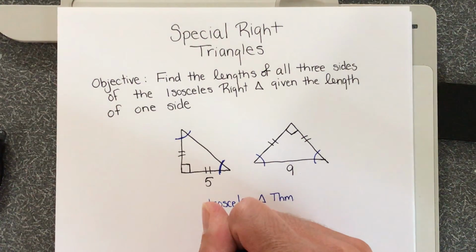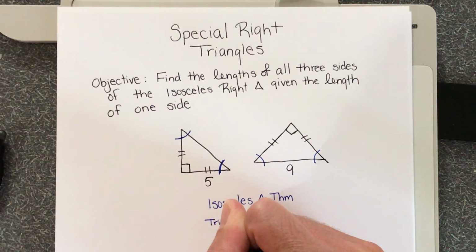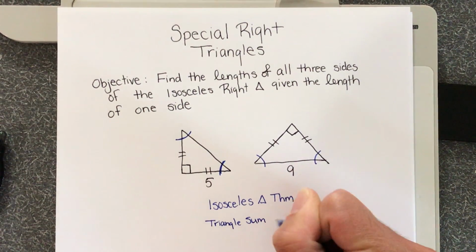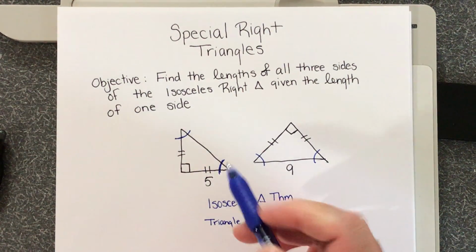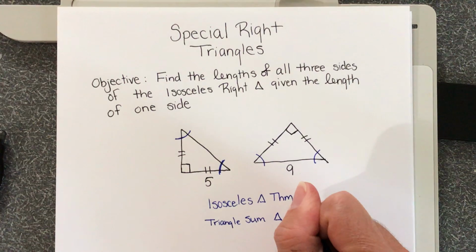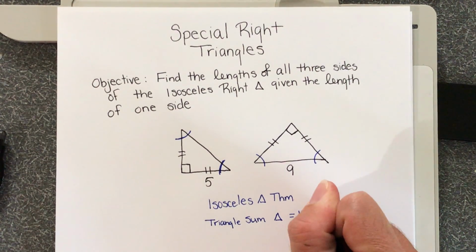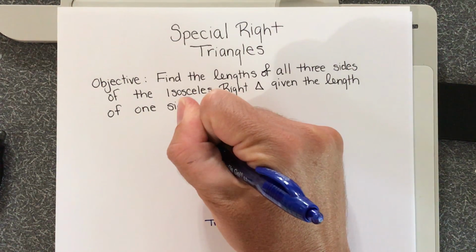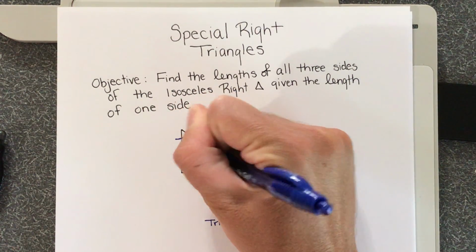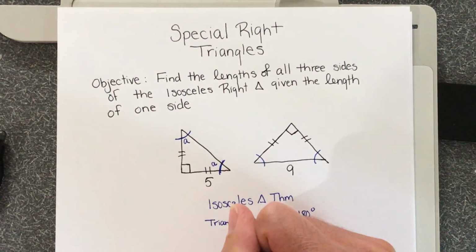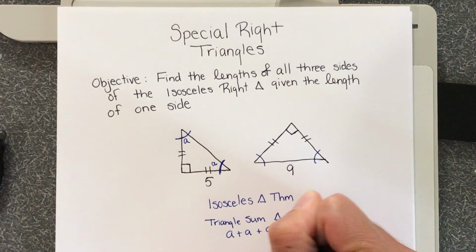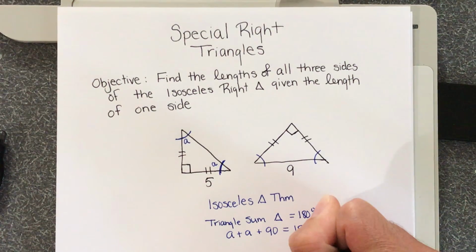So the triangle sum theorem says that the sum of your three angles all add to 180 degrees. So if these two angles, we'll call them A, have the same measure, then A plus A plus 90 has to equal 180.